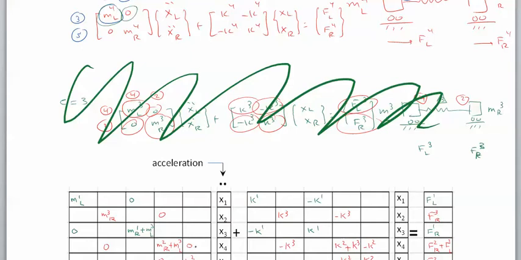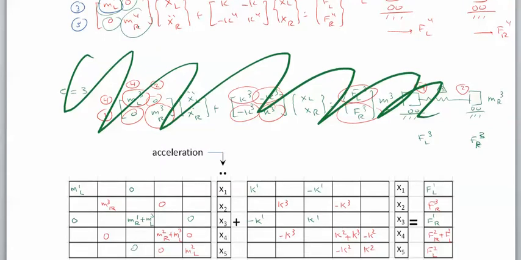So it's going to be a 0 here. Row 5, column 3, so it's going to be a 0 here. And this is going to go into row 5, column 5, plus M4R.